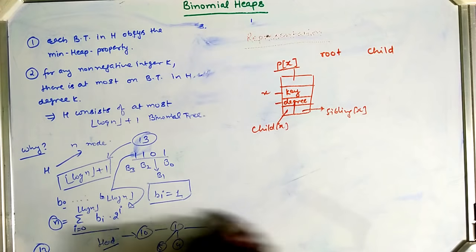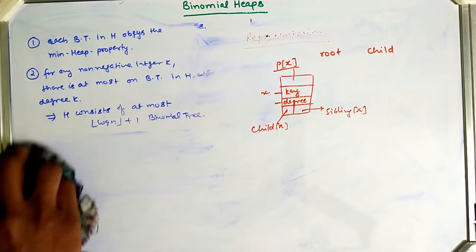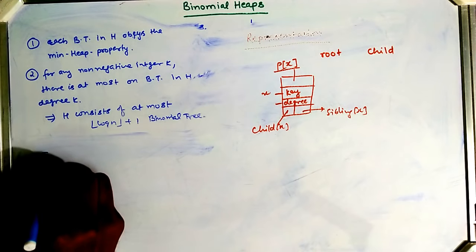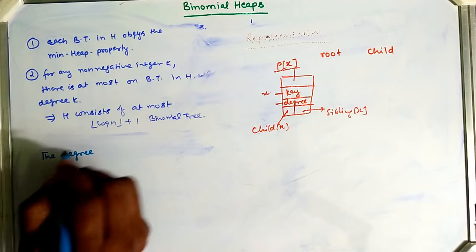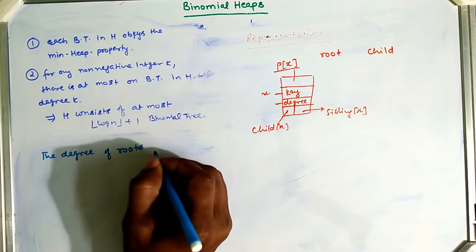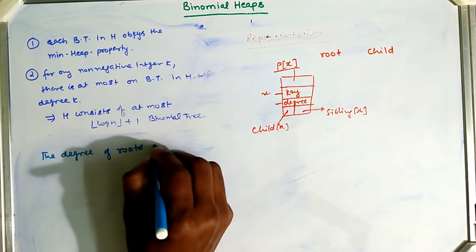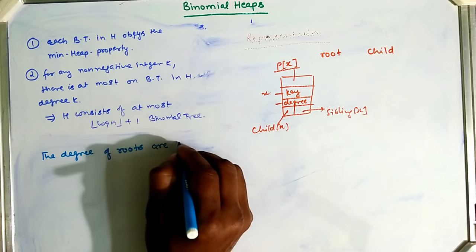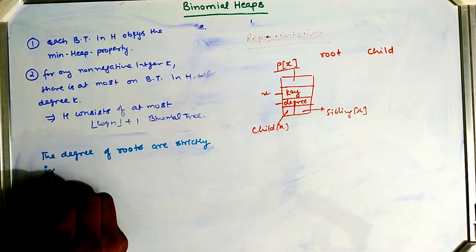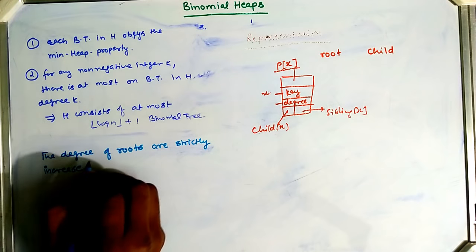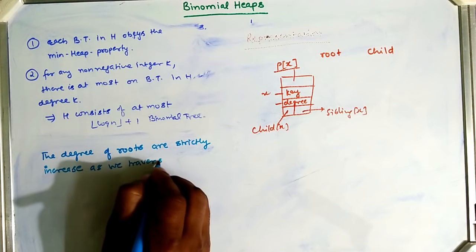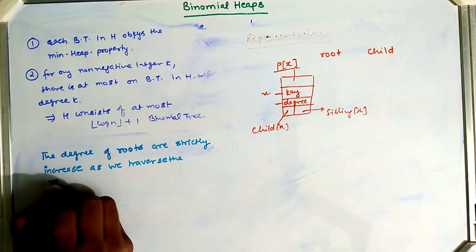One more important point: if we have an n node binomial heap, then the degrees of the roots strictly increase as we traverse the root list.